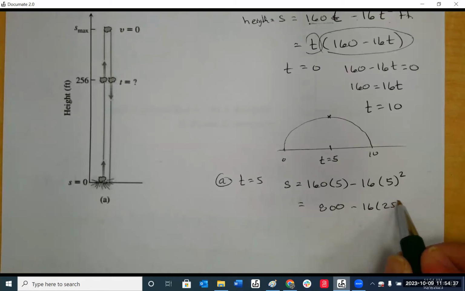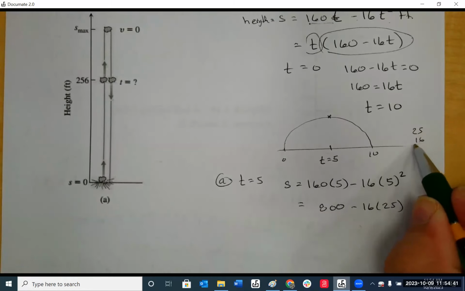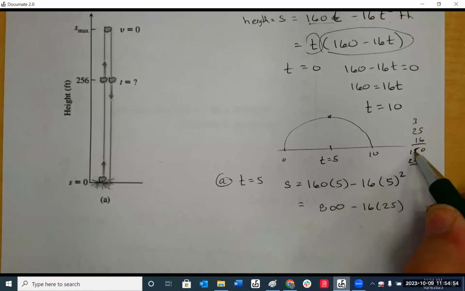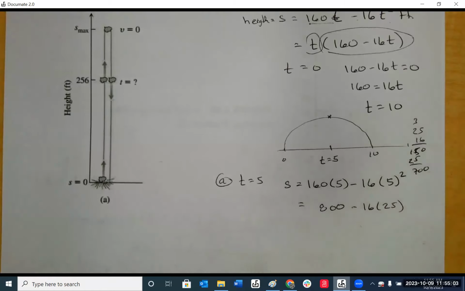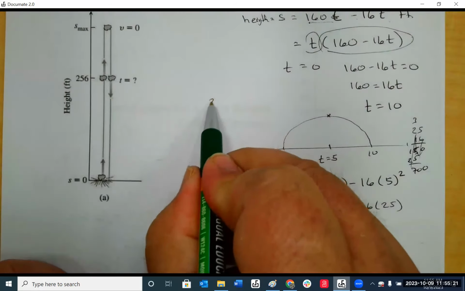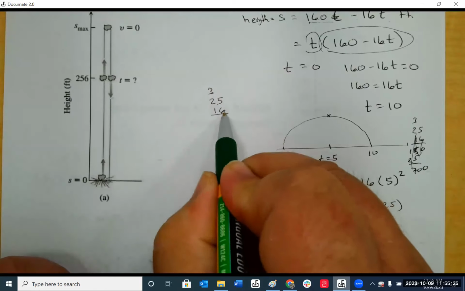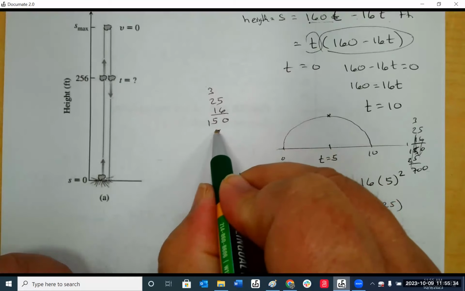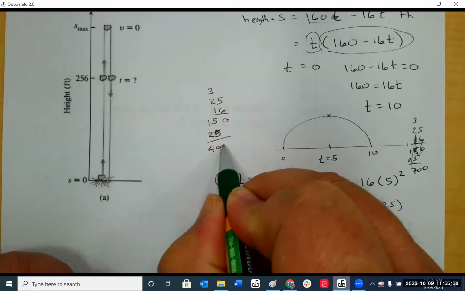That's 800 minus 16 times 25. 8 times 25 is 200, times 16 is 3200... so 16 times 25 is 400.